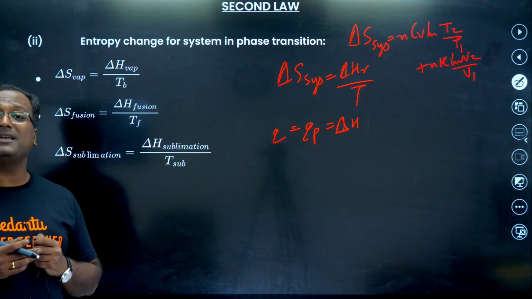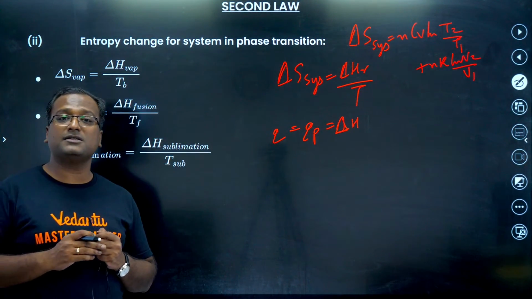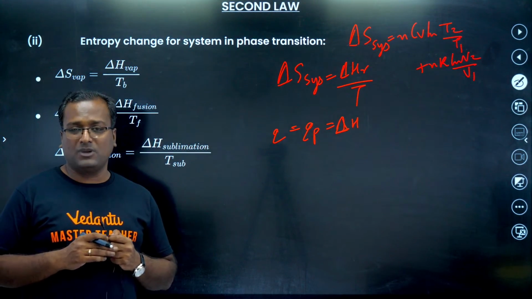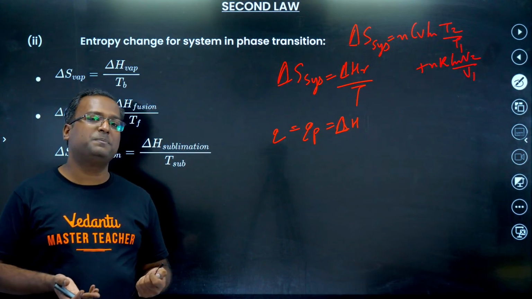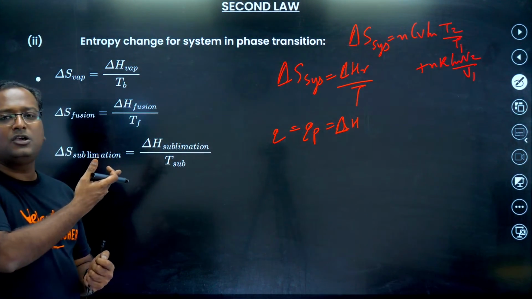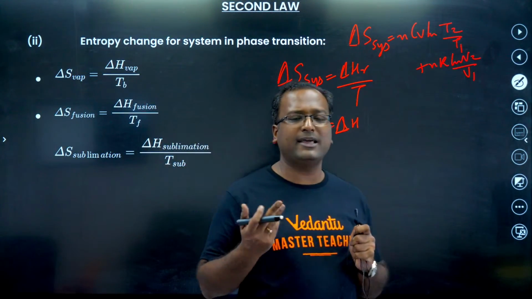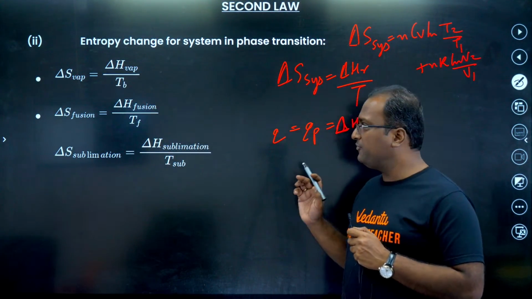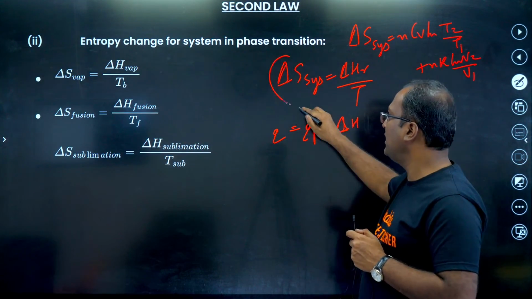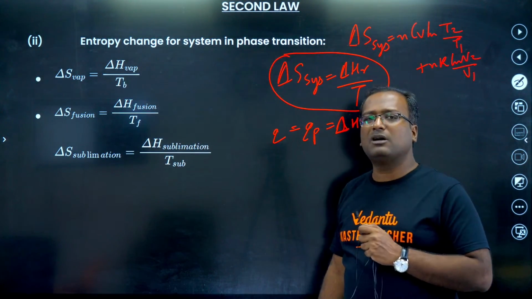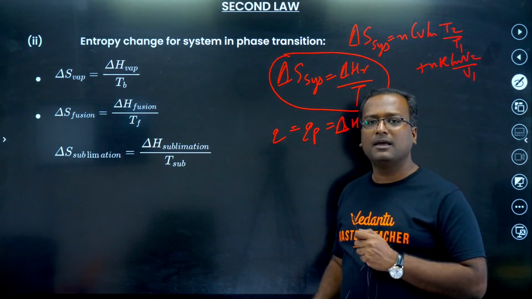Remember, we study all reactions at constant pressure and temperature. If we study all reactions at constant pressure and temperature, Qp will come, and the formula for Qp will come as del H. Therefore, we are using this formula everywhere when we talk about a reaction happening.